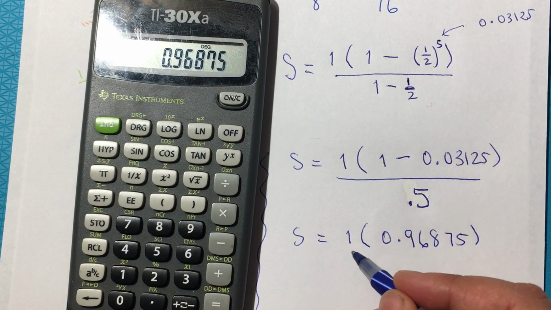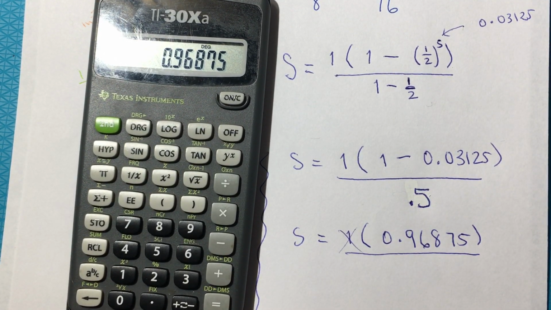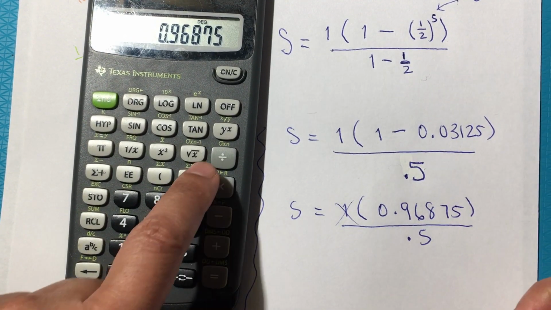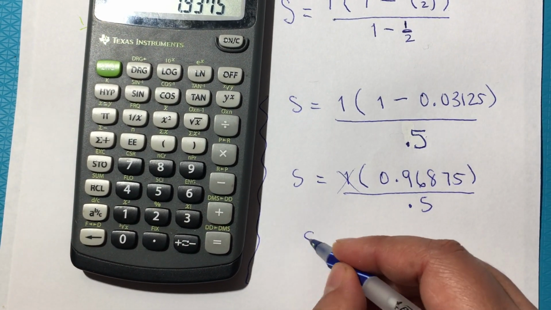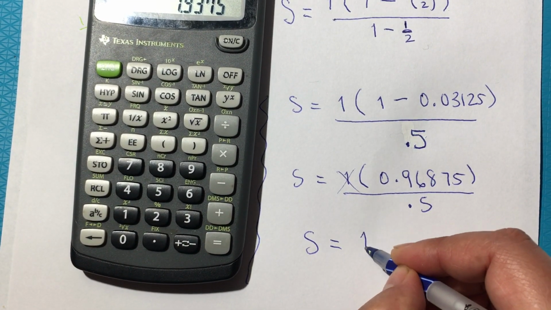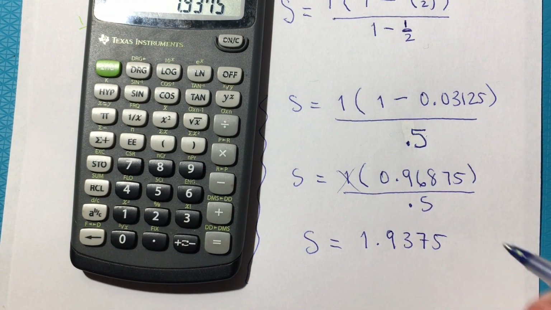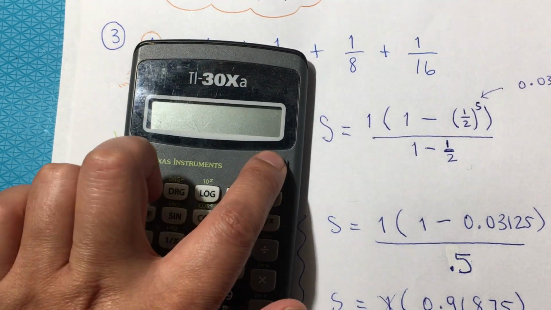Times 1 is just going to be the same, right? 1 times anything is the same. Divided by 0.5, so the sum is equal to 1.9375. That's if you're not working with fractions. Now let's check and then we'll do it with the fractions.